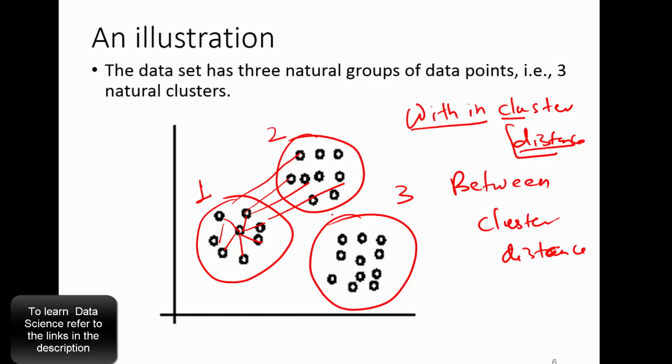Similarly, the distance between points in cluster 2 and cluster 3, or cluster 1 and cluster 3, is quite high, whereas between the points within the cluster it is much smaller, right? And that's the basic idea of how the clustering algorithm works.